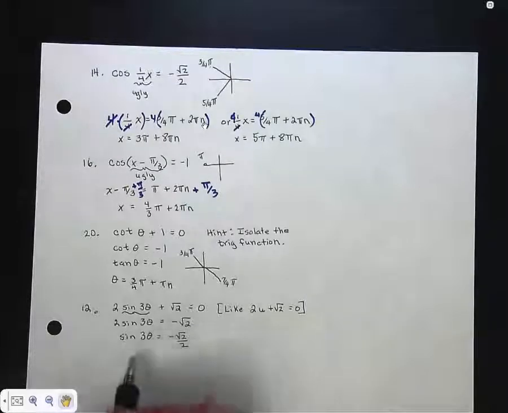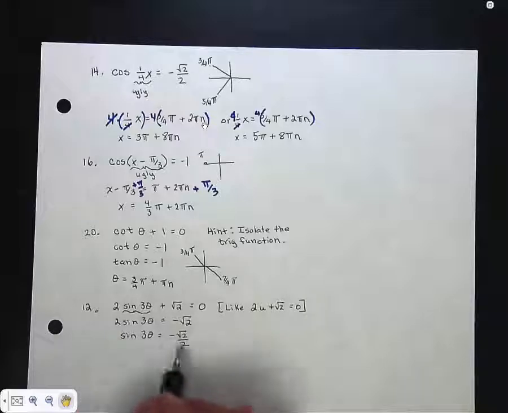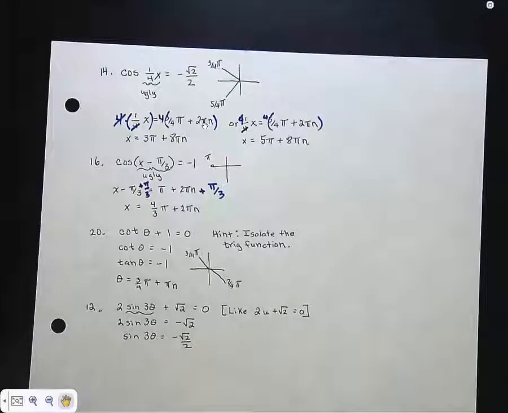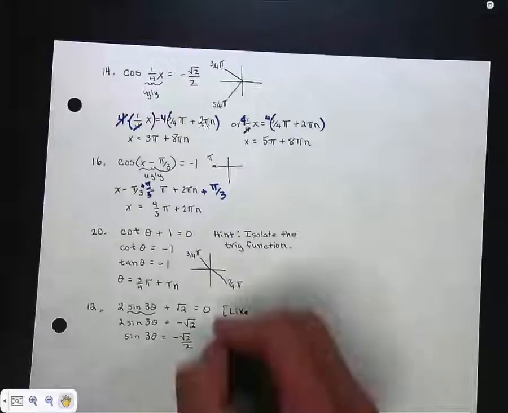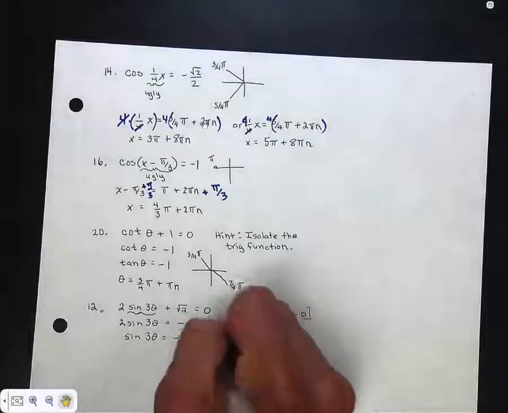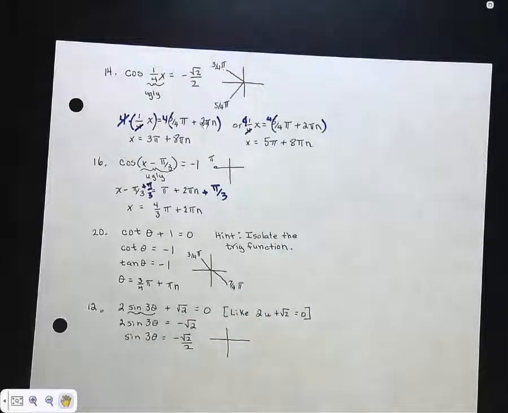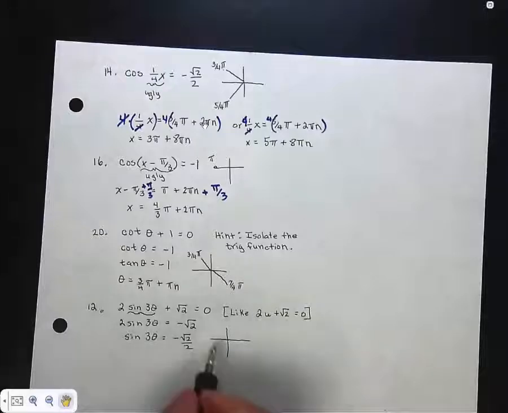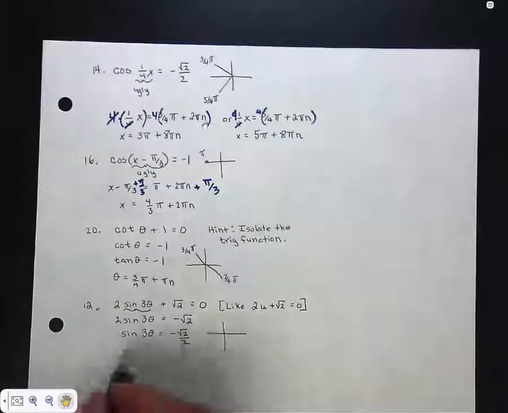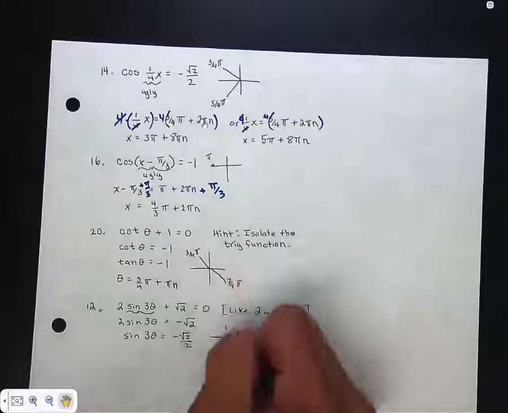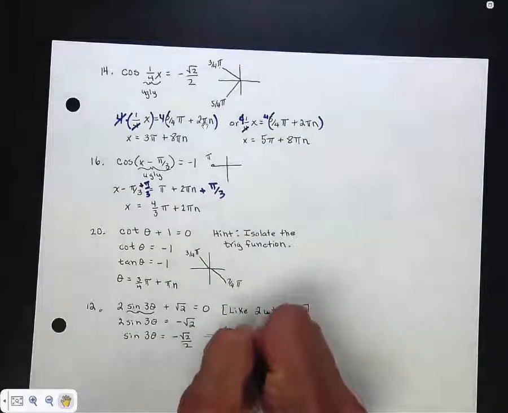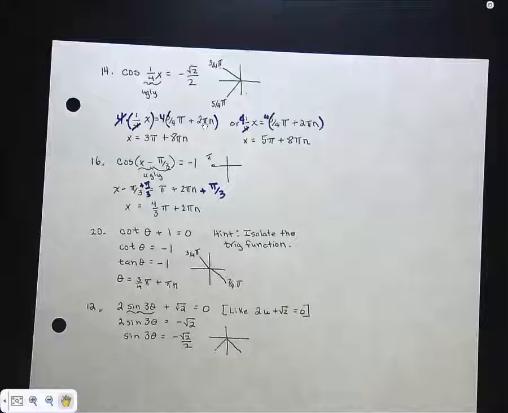So I just need to think, where is sine negative square root of 2 over 2? Where is sine negative? In what 2 quadrants is sine negative? Sine is negative in the 3rd and the 4th quadrants, and it's negative square root of 2 over 2 at the quarter pi in those 2 quadrants.